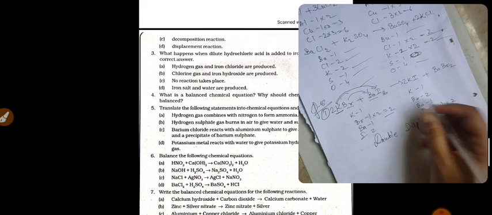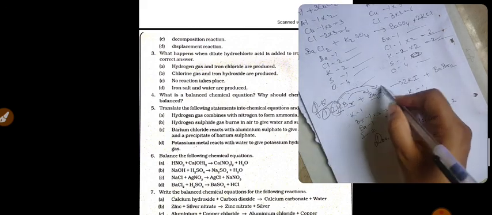Exchange of ions. This cation is connected with this anion, and this cation connected with this anion. So exchange of ions. So that reaction takes place in double displacement reaction. So this type of reaction is a double displacement reaction.